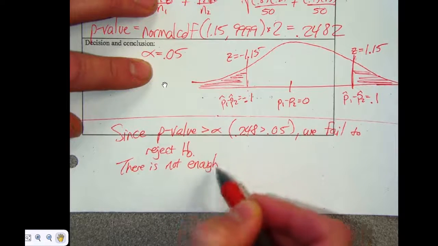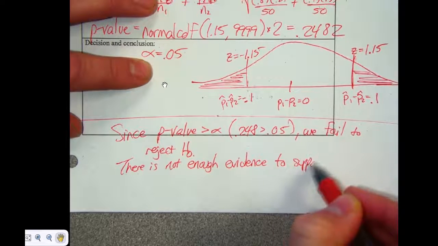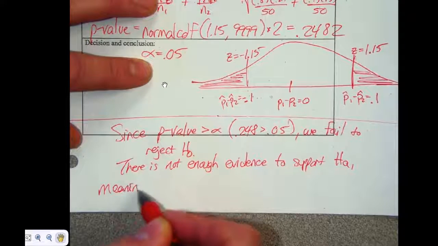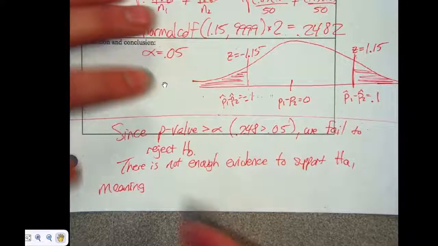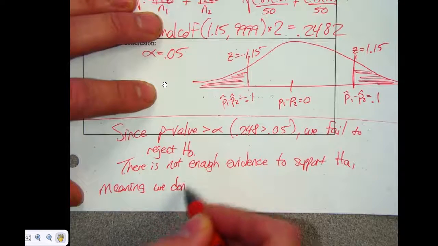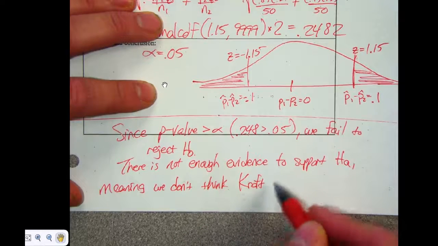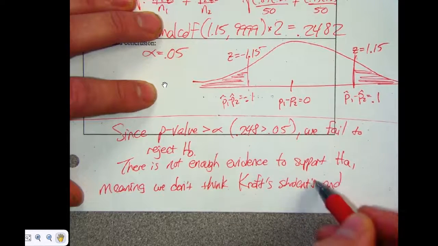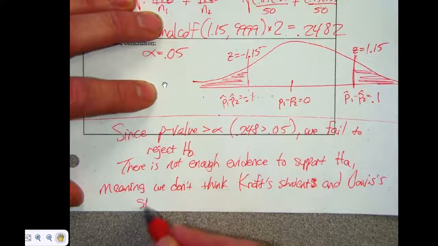There's not enough evidence to support HA. And HA was the idea that we were different somehow. There's not enough evidence to support that. Meaning, we don't think students from the two schools perform differently.